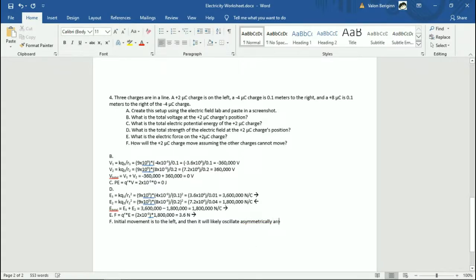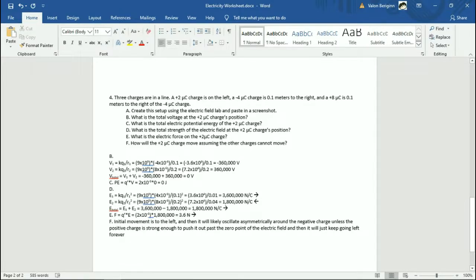Around the negative charge, unless the positive charge is strong enough to push it out past the 0 point of the electric field, and then it will just keep going left forever.